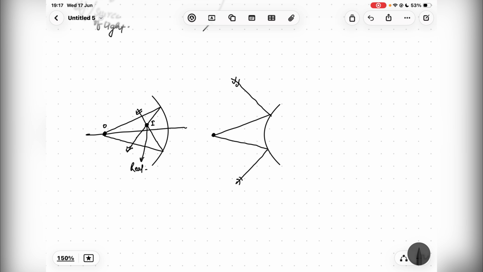So we will trace back their path behind the mirror, and behind the mirror where their traced path meet will be the image. So if the traced back paths of the reflected rays intersect to form an image, that image will be called a virtual image.